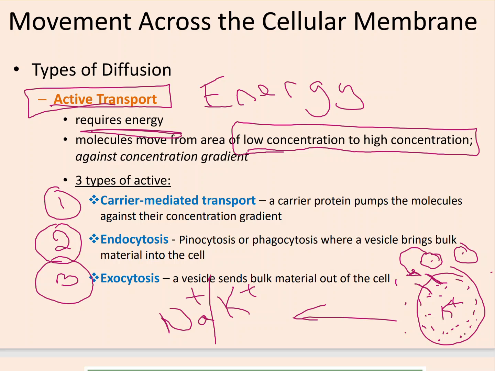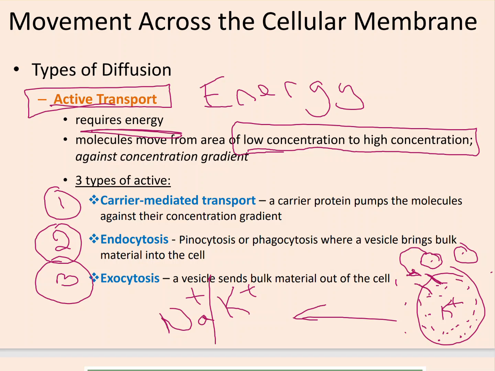The way they're going to do that is there's going to be a concentration of sodium and potassium inside and out of the cell, and then the sodium and potassium are going to be moving against their concentration gradient to increase the level of energy available on that cell membrane to be able to fire off messages.